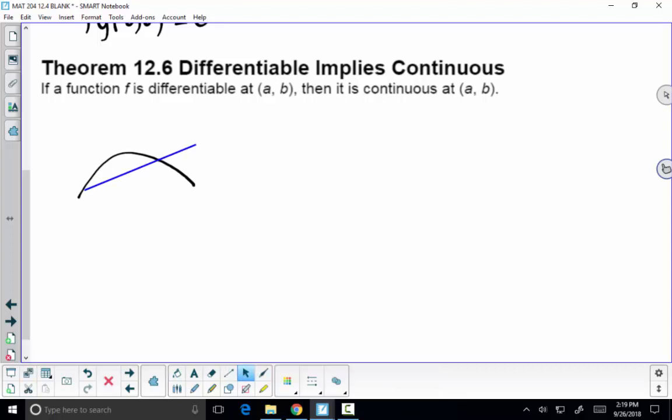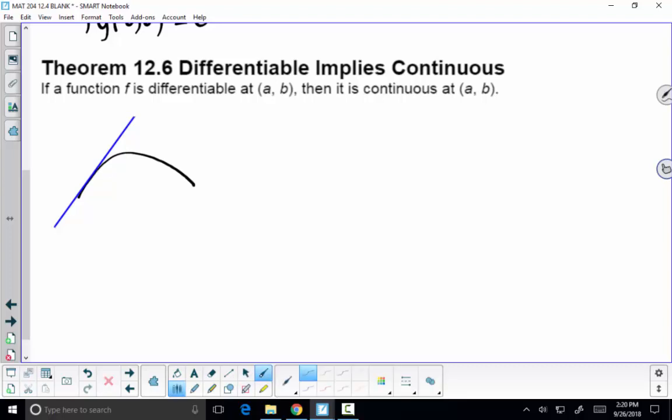If it rotates into the tangent position, that's the limit of the difference quotient, then it's differentiable. And obviously, if it's differentiable, it's got to be continuous because you're rotating in both directions into the tangent position. If you can rotate into the tangent position, there's no way there can be a break on the surface. So if it's differentiable, it has to be continuous.